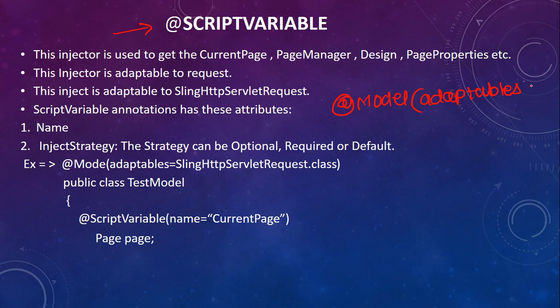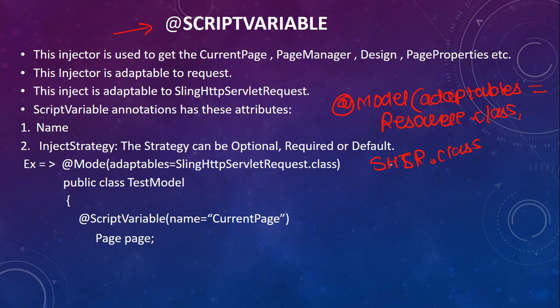There we have adaptables equals to, and we have to adapt two things. Mostly we'll use Resource.class, otherwise we'll use SlingHttpServletRequest.class. You can use either of the two.